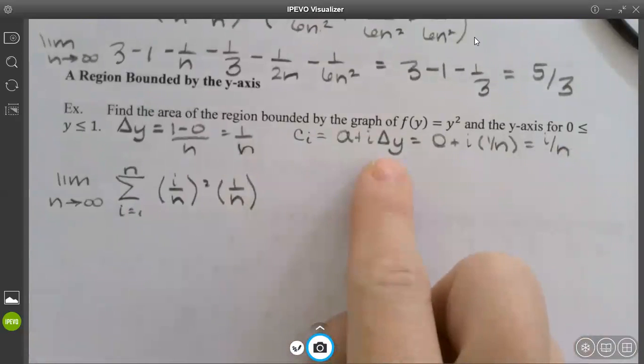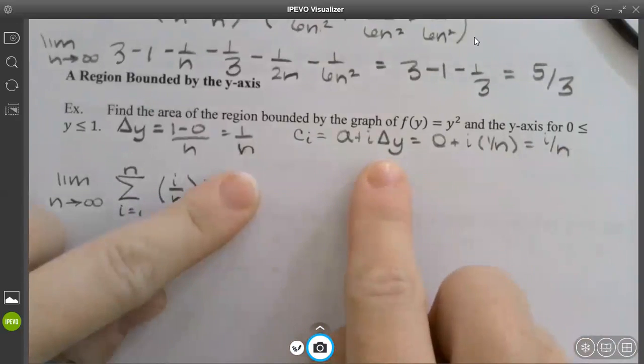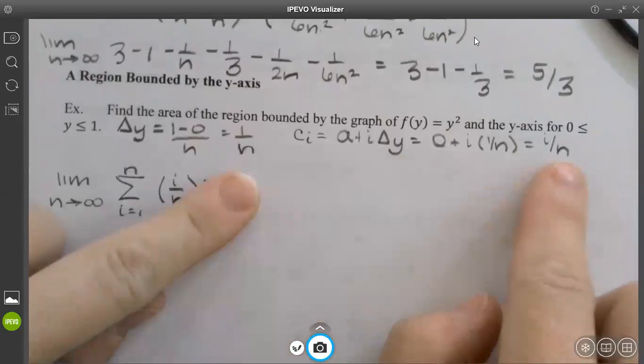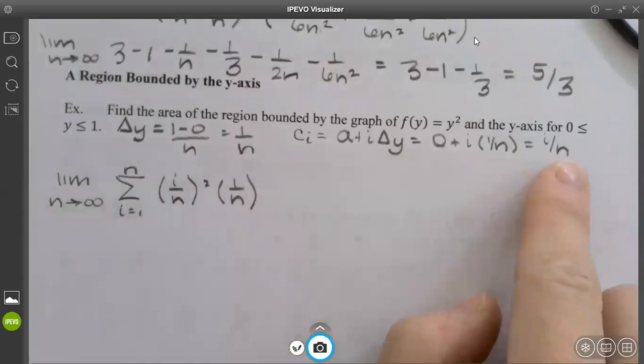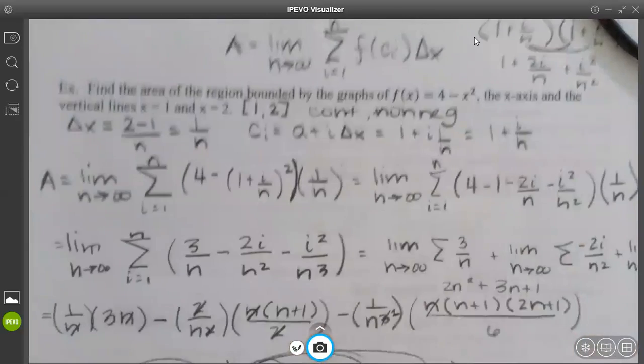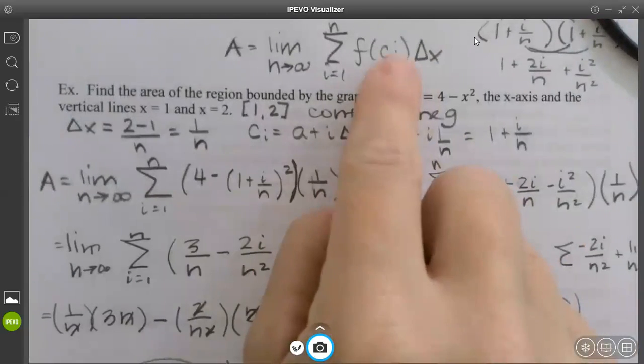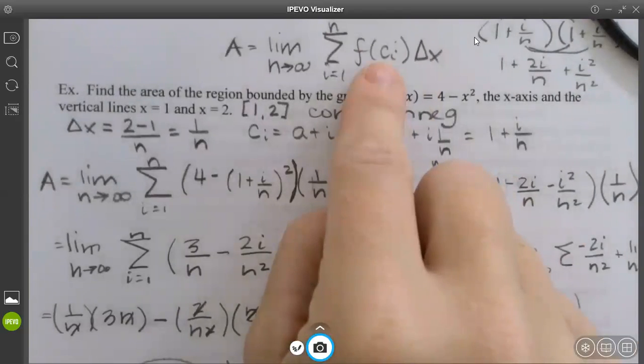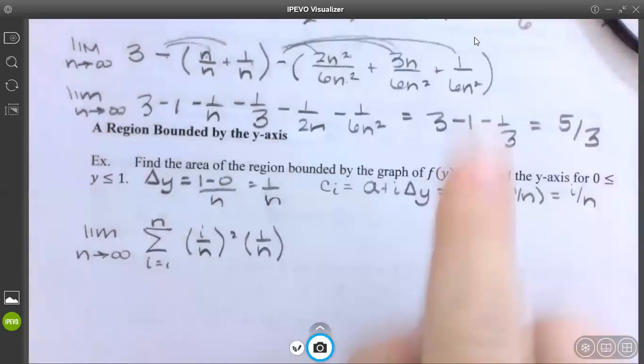And then your delta Y you just found was 1 over N. Okay, so 0 plus I times 1 over N, and when we reduce it, gives us I over N. Is everybody okay with those two? Your formula, I didn't make it up. It's not anything crazy. Remember, CI is plugged into your equation. That's what that says. Plug CI into your equation. What is our equation down here?